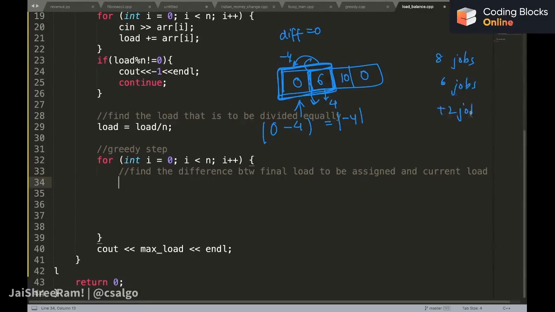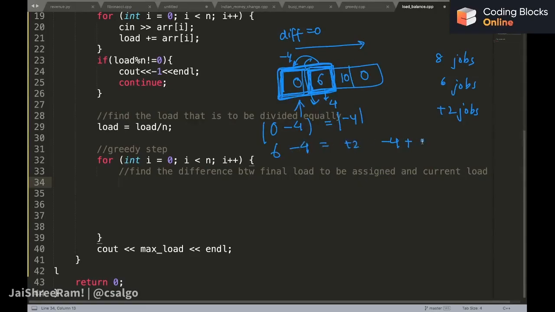But what I will do is maintain a running sum. Firstly I know the sum is -4. That means here we have a deficiency of 4 jobs, and I go to the next location. Here I have 6 jobs, so actual jobs is 6, number of jobs expected is 4, so this is +2.